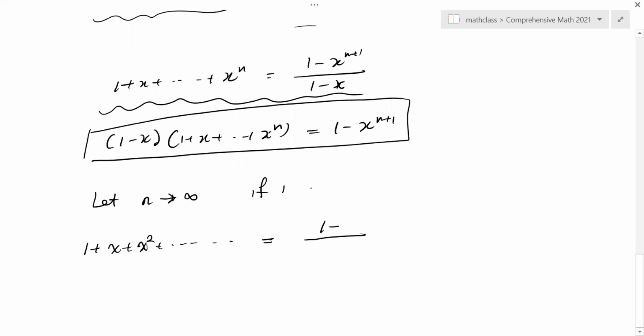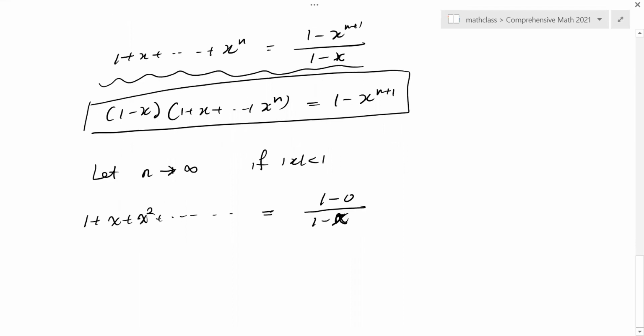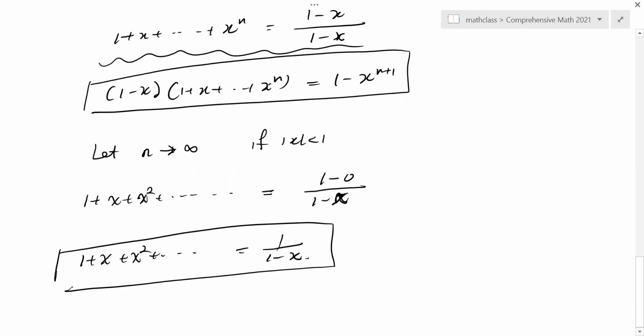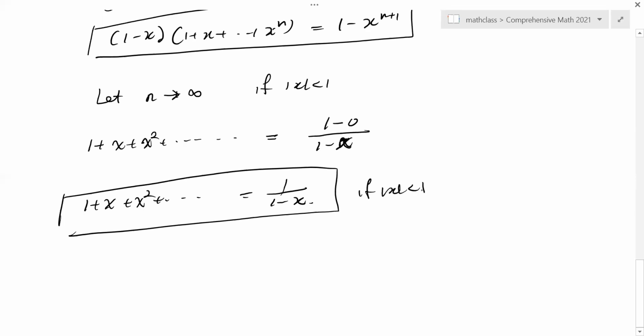If absolute x is less than 1, that approaches 0. So the denominator is 1 minus x, and we get a formula: this will be 1 over 1 minus x. This is an interesting formula, if absolute x is less than 1.